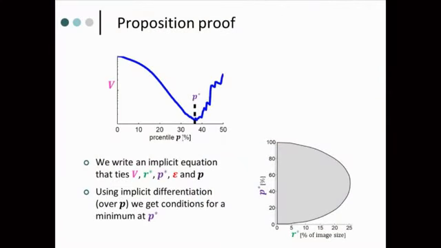And what we end up getting is these equations that tie the IRE measure that we call here V with the different parameters, R star, P star, epsilon, and P. What we do is we differentiate this function around P star to show that under certain conditions, a minimum does exist.